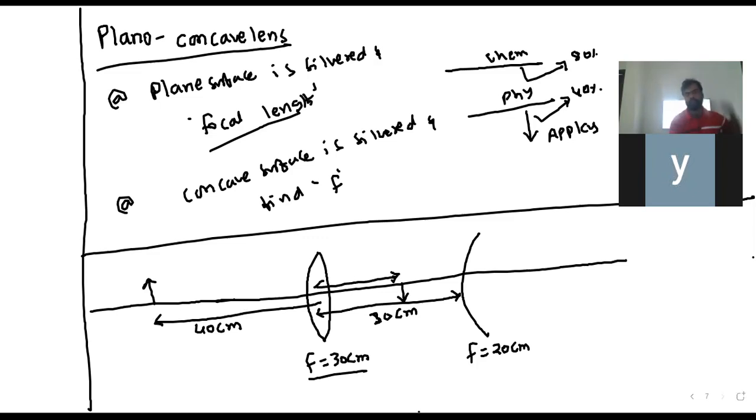So which formula do we need to use? Lens formula. Right?